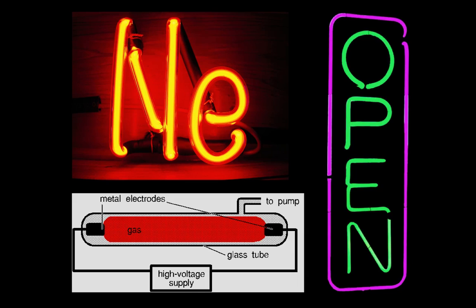So low pressure that the individual atoms don't interfere with each other. They exist, they're around, but they don't mess each other up. Then you put a high voltage supply across the two electrodes. That gives energy to these atoms and to the electrons in these atoms, and that results in light being given out.